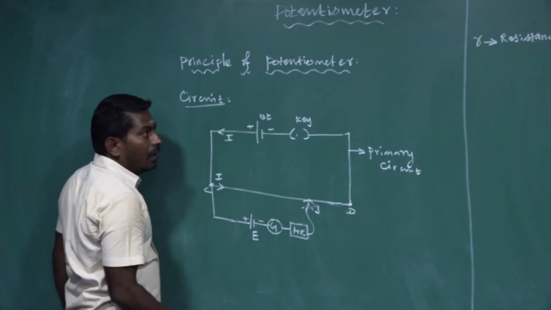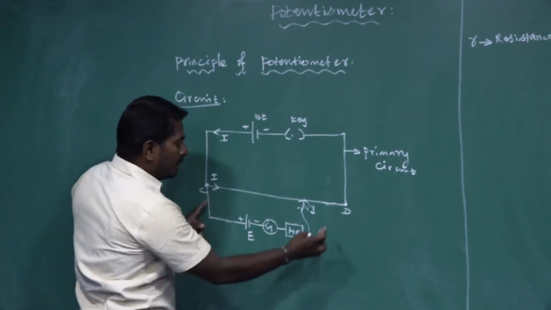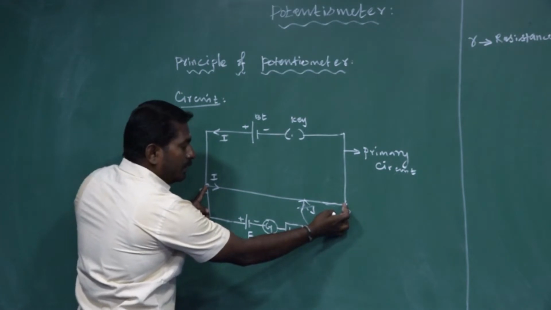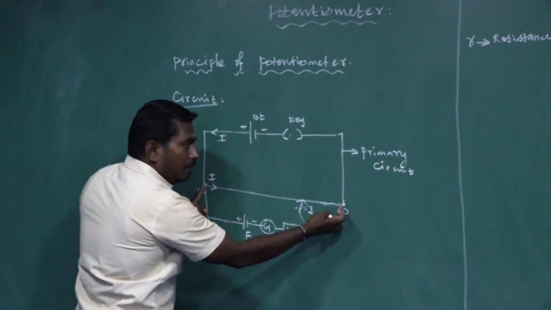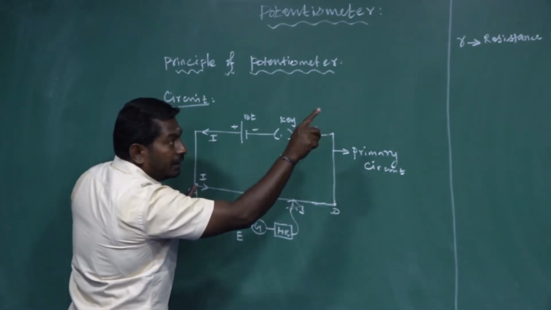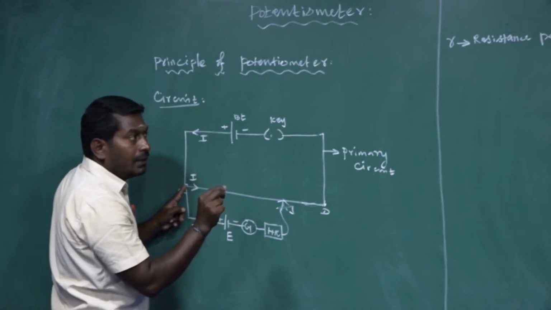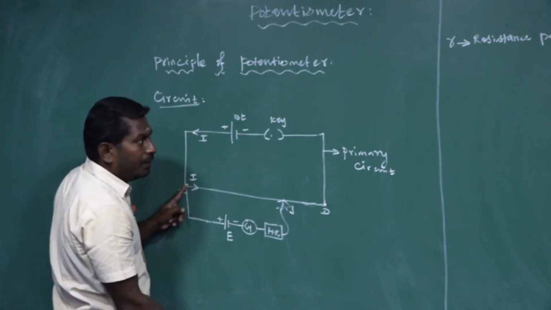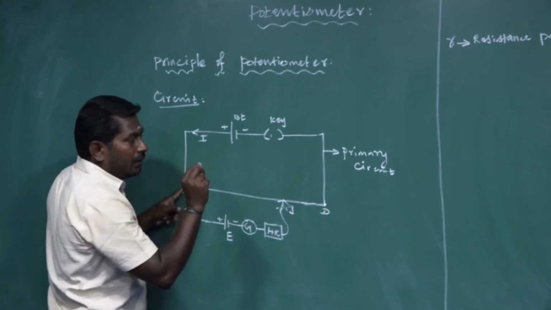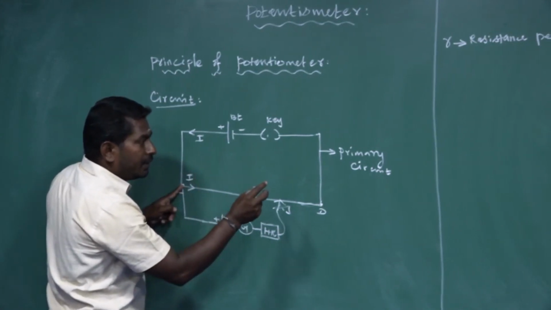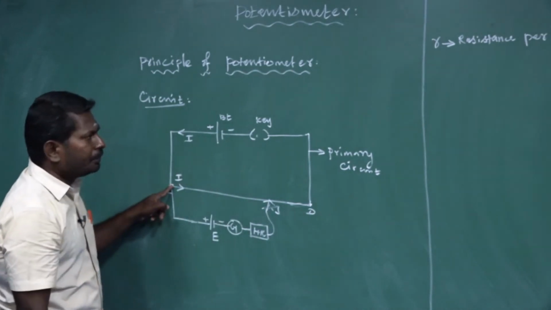This potentiometer wire has a resistance, we don't know that. But small r is the resistance per unit length of the potentiometer wire, or the resistance in 1 meter length of the potentiometer wire. That is the meaning of resistance per unit length.